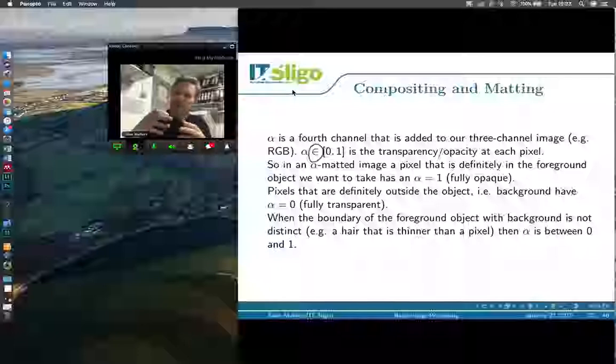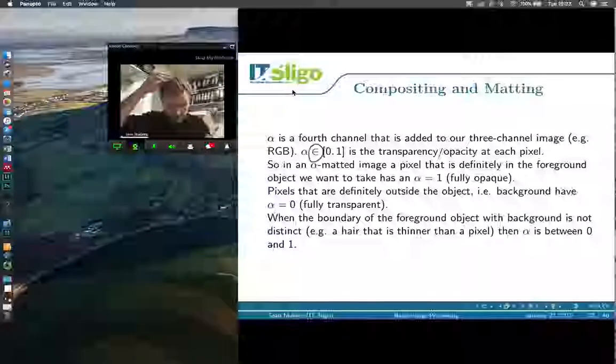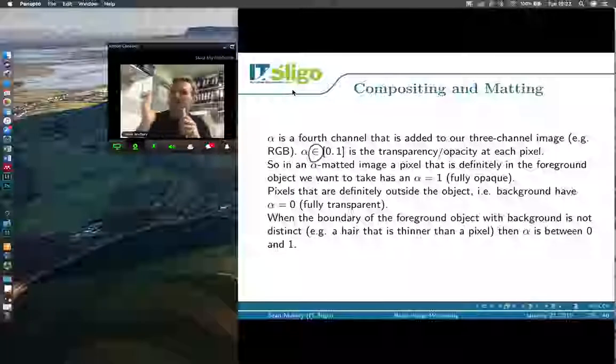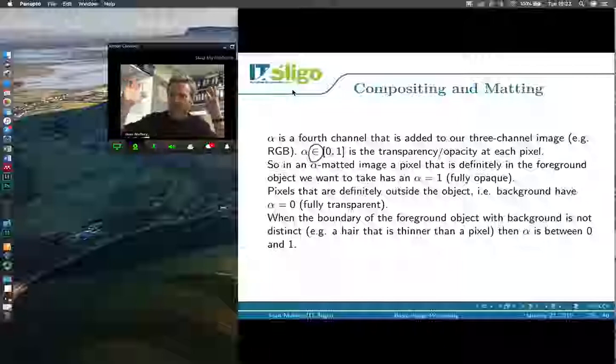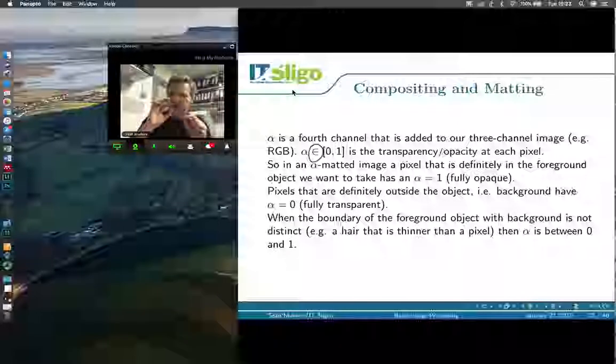And then when the boundary of the foreground object and the background is not distinct, for example, and you'll see this a lot, if a hair is sticking up in the air or something like that. I thought my head was going to freeze in that position for a minute. But if you have hair sticking out against the background, those hairs will not be the width of a pixel.